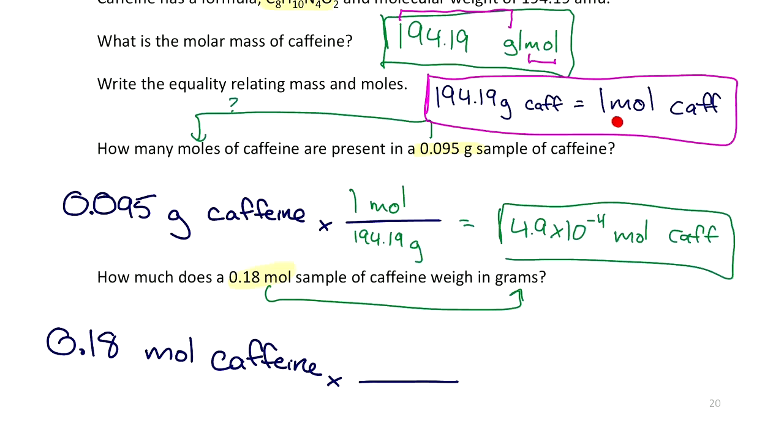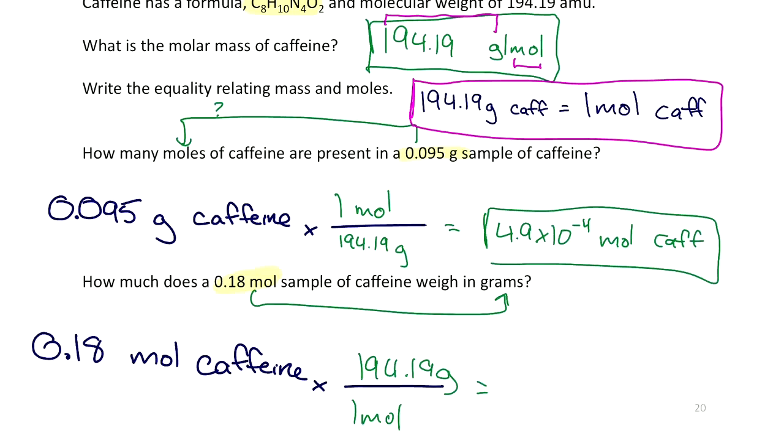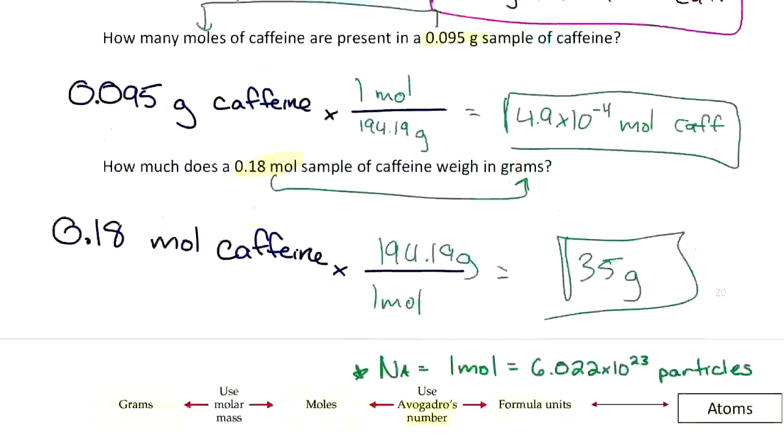On the top, because I want to put 1 mole on the bottom. So moles cancels, and 194 goes up top. Yes, it does seem like we're multiplying by molar mass in this case to get those units to cancel. This answer is something like 35 grams of caffeine. Two sig figs, because the mole number has 2 sig figs, all multiplication. Okay, let's keep going.